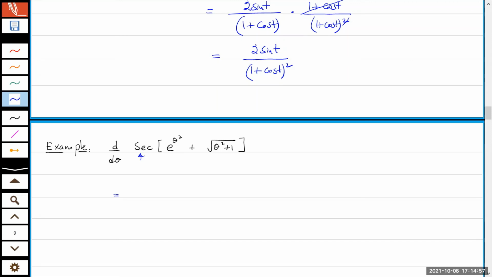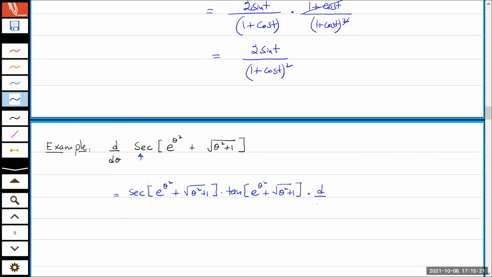Okay, now the derivative of secant is secant times tan. I'm going to apply that here. This is secant of e to the theta squared plus the square root of theta squared plus 1, times tangent of e to the theta squared plus the square root of theta squared plus 1. Now I deal with the inside function.